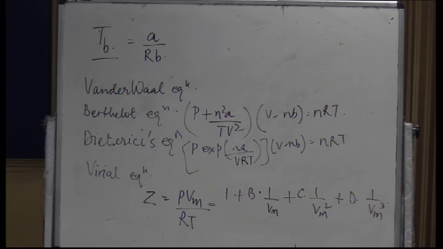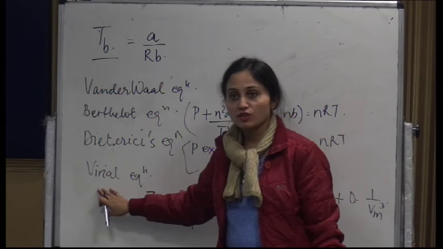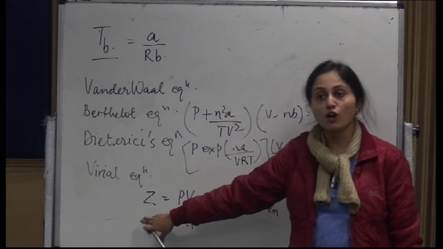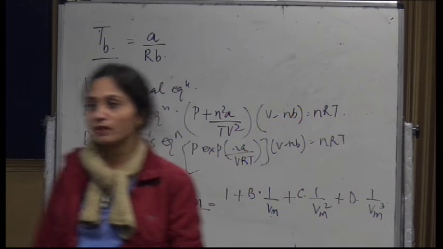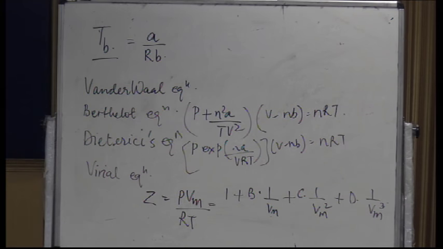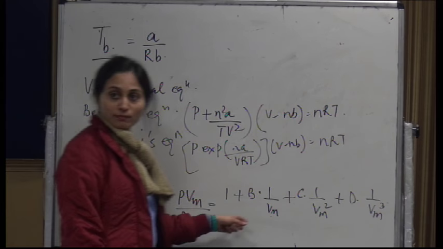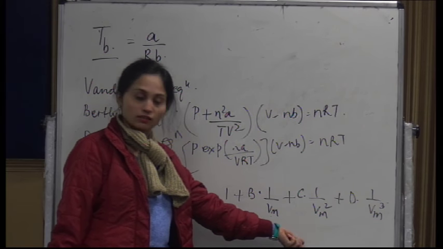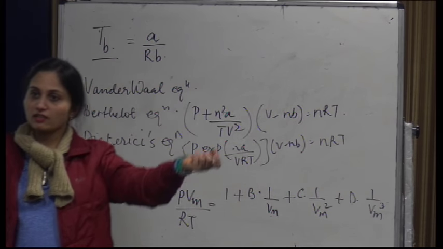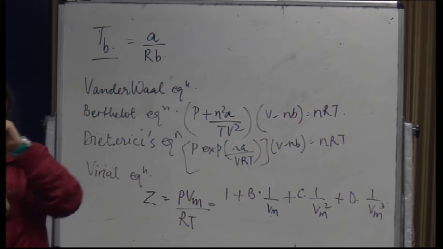Now from here we have derived our Boyle's temperature. ठीक है, अब ये virial equation is giving you some relationship of your compression factor. You know what is your compressibility factor? That is PVm by RT. And in this case, you can easily remember that it is equal to 1 plus B by Vm plus C by Vm square plus D by Vm cube and so on. This goes on. This is your virial equation.